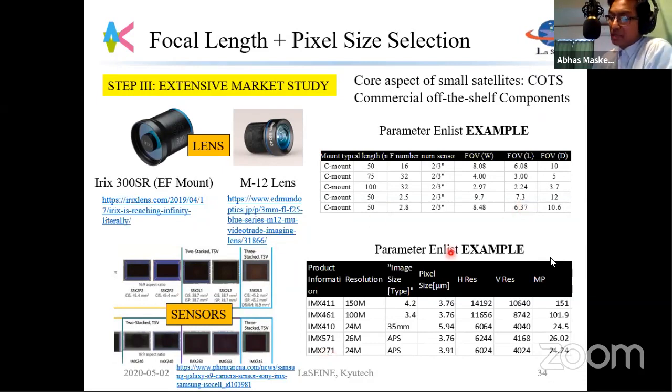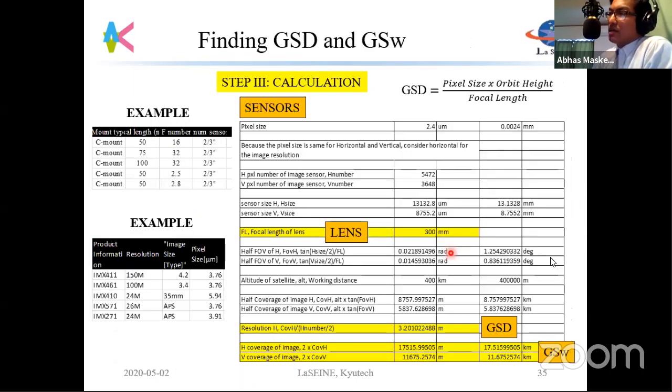Okay, so you list them out, and then you reverse calculate the ground sampling distance. We know it's 5 meter, or 5 meter or less is good. So let's suppose we found an image sensor with pixel size 2.4 micrometers. You put 2.4 micrometers here. And then the focal length of the lens that you have selected is 300 millimeter.